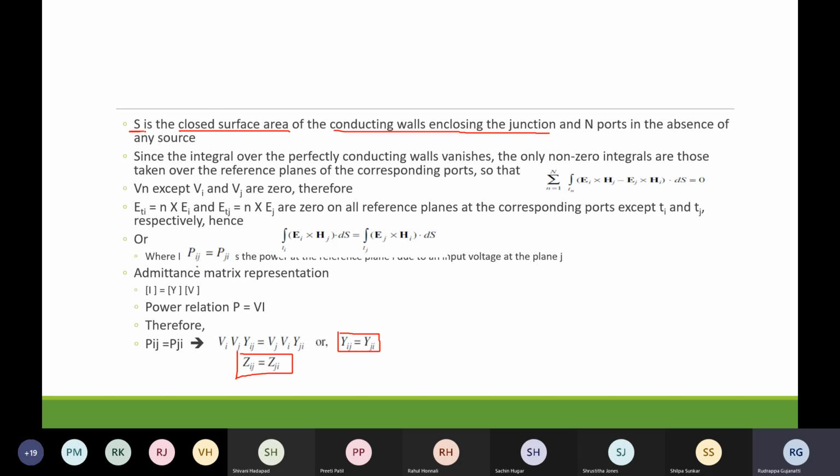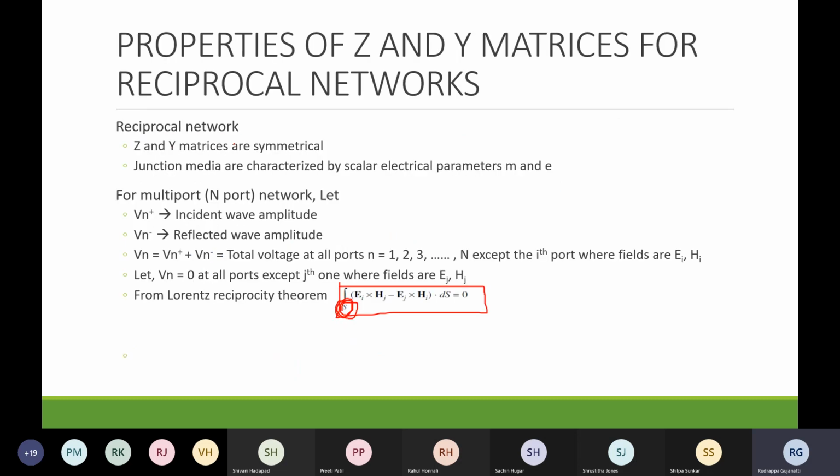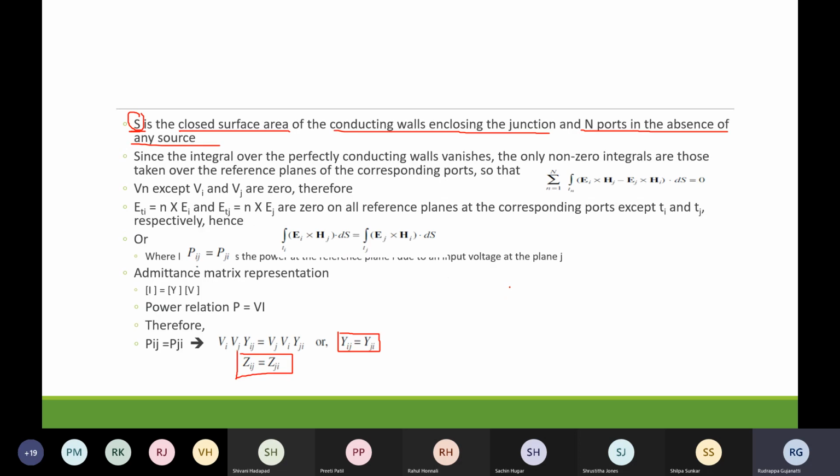So for this integration, we consider S as the closed surface area of the conducting walls of the junction and the end ports, in the absence of any source. So this is the equation we consider when we are not applying any source and are considering the closed surface area of the conducting walls enclosing the junction.